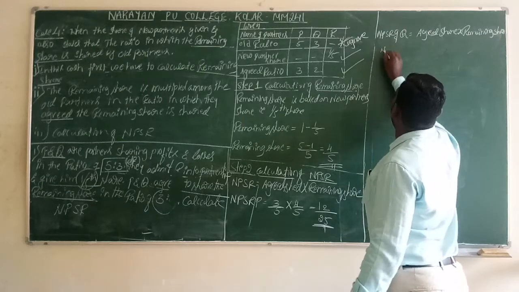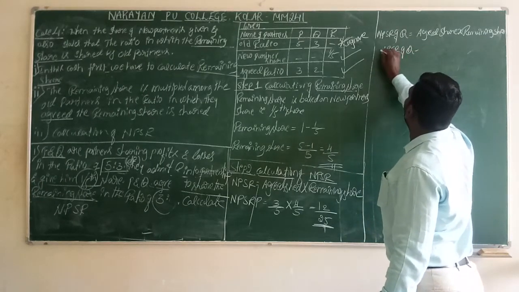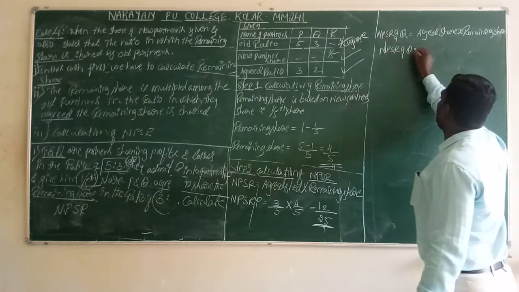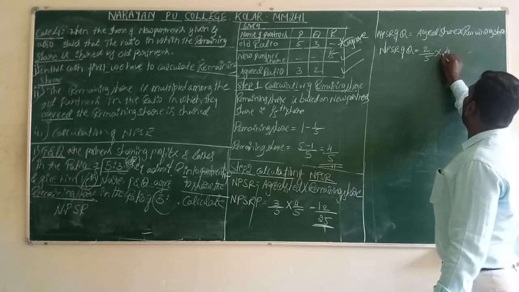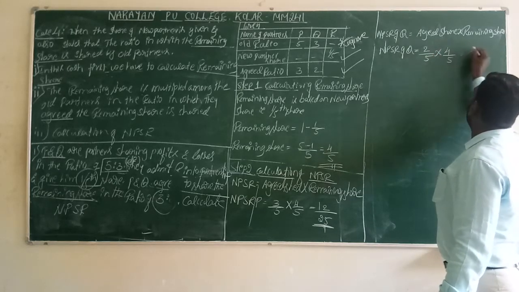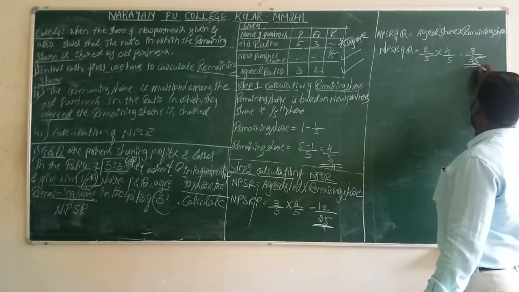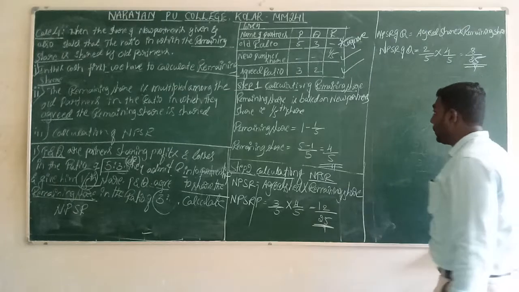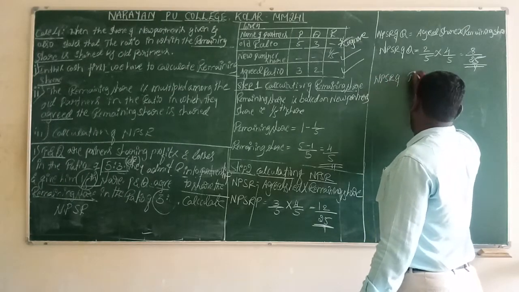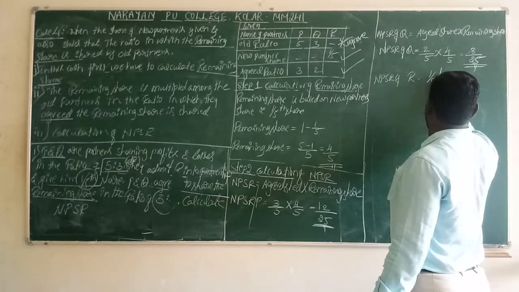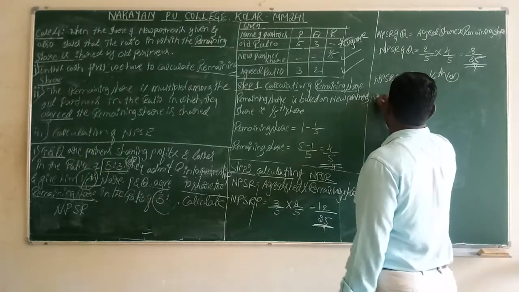Therefore, NPSR of Q is equal to agreed share 2 divided by 5 into 4 divided by 5. Therefore, 4 2s are 8 divided by 25 is the new profit sharing ratio of Q. Like that, NPSR of R is equal to the 1/5 share, which we should convert.